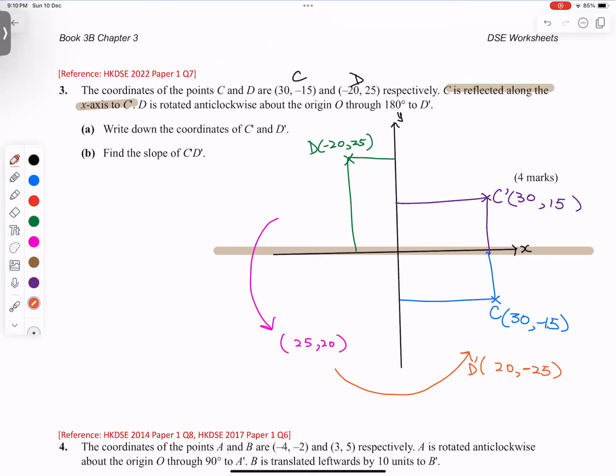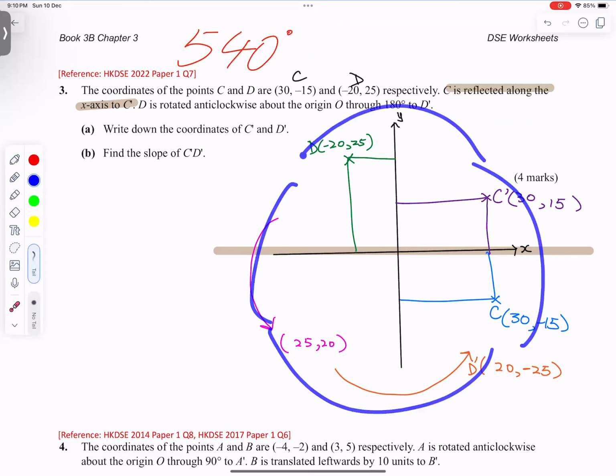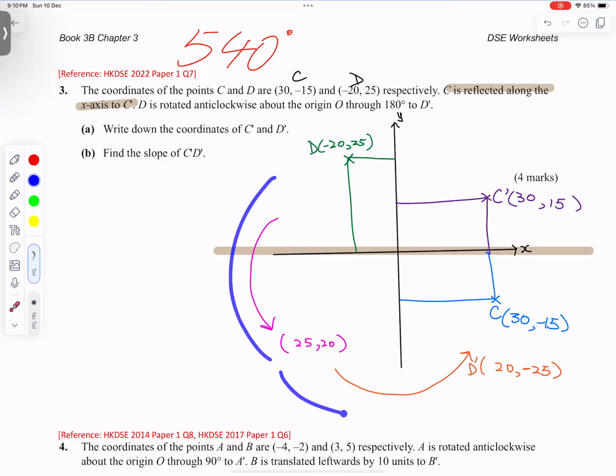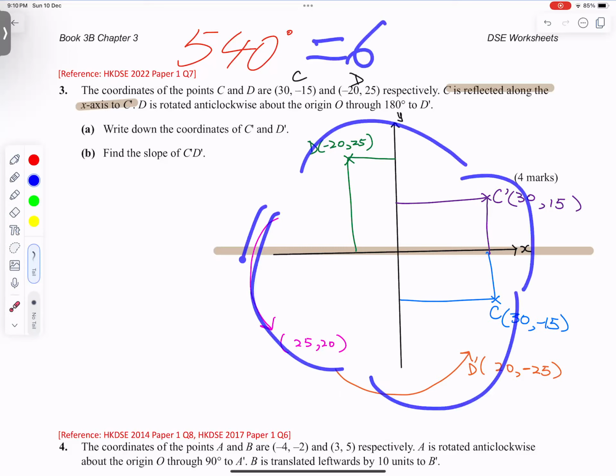Or what if it says 540? So 90, 90, 90, 90, 360, 90, 90. So 540 divided by 90, you get 6. So you need to move 6 times, 1, 2, 3, 4, 1, 2.